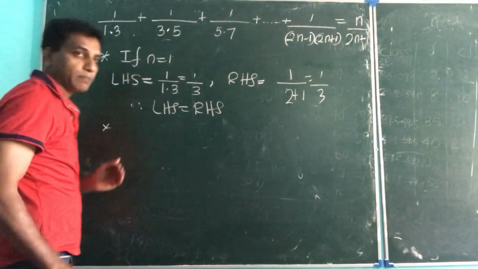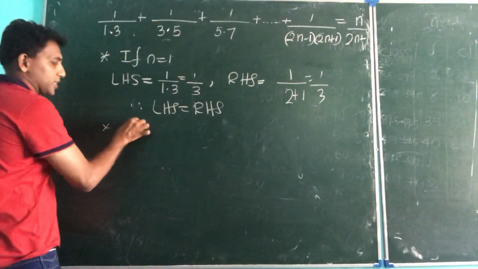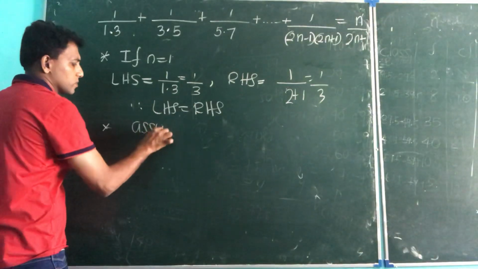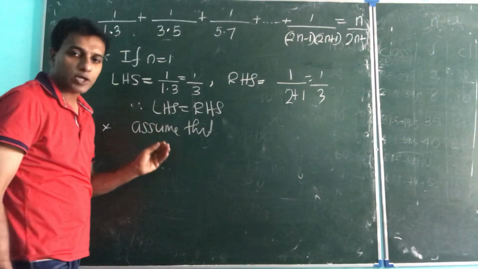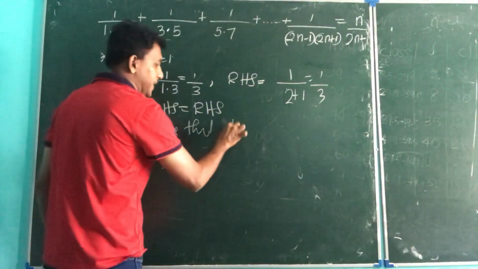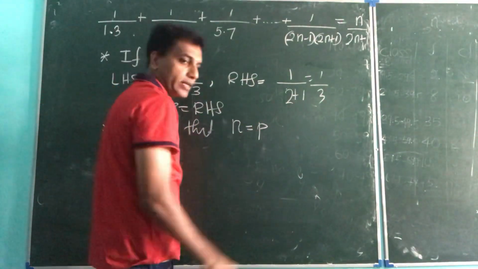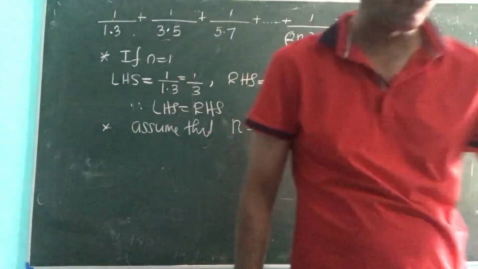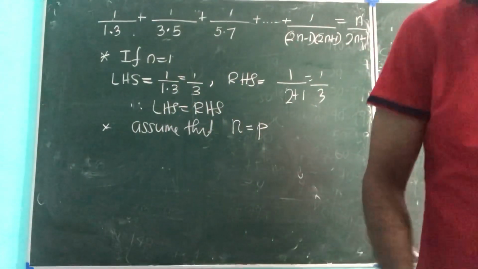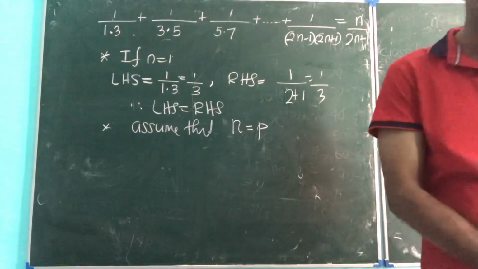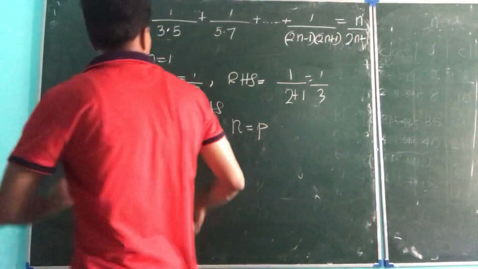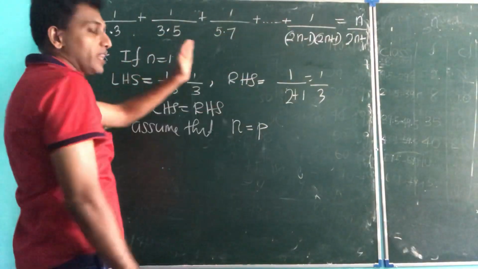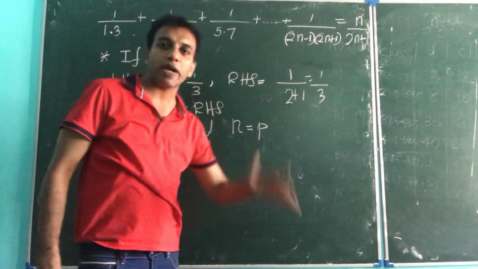Next, the assumption method, that is, assume that the given statement is true for n equal p. Assume that the given statement is true for n equal p, right? That is copywriting: show everything where n is replaced by p.